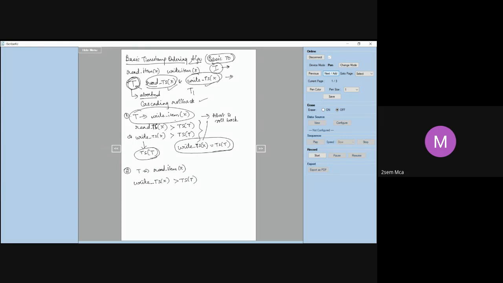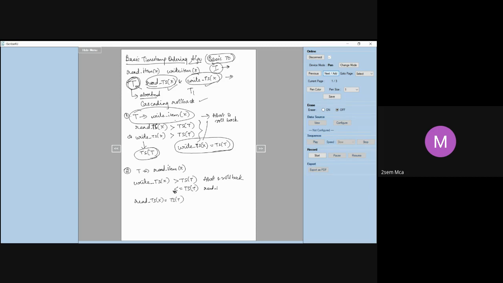So you will again have to abort and roll back that particular transaction. If this write TS of X is less than or equal to TS of T, then you can execute the read item of X and then you will have to set the read TS of X to the TS of T.